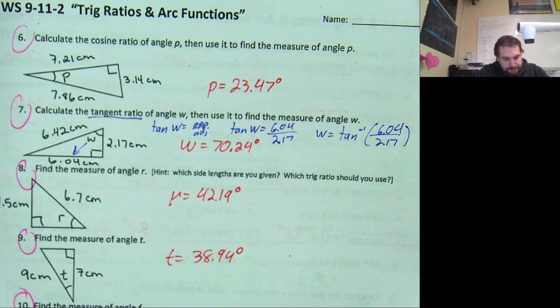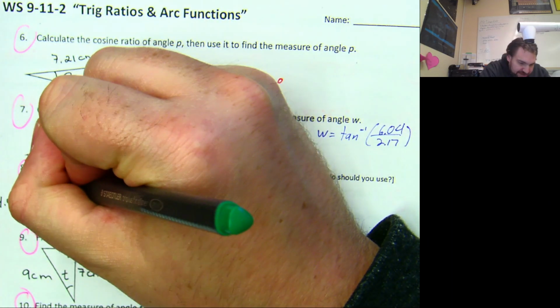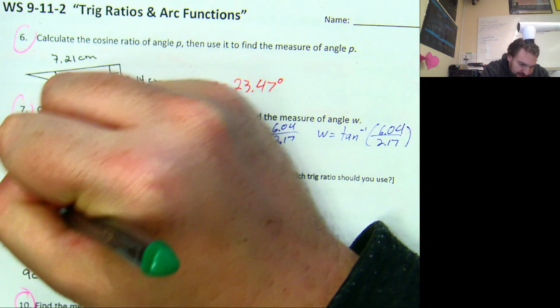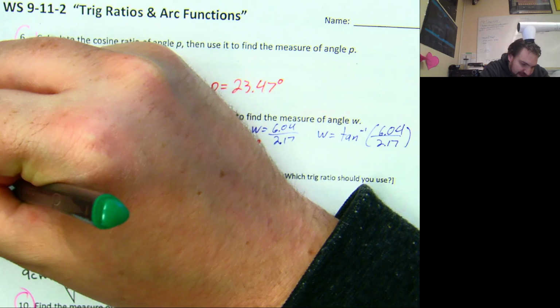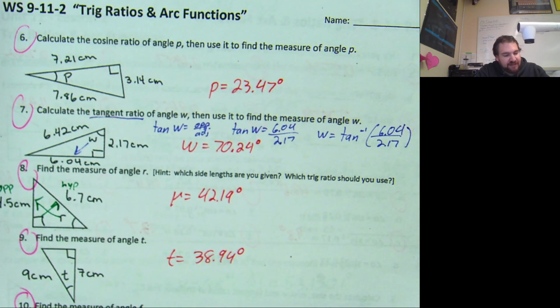Okay. Anybody else? Yes, sir. 8? Sure. So it says find the measure of angle R, and it gives us 2 sides. So what sides does it give us relative to angle R? Hypotenuse and opposite? We know this side is the hypotenuse, because it's across from the 90, and this side here is the opposite side from the angle we're asked to find.